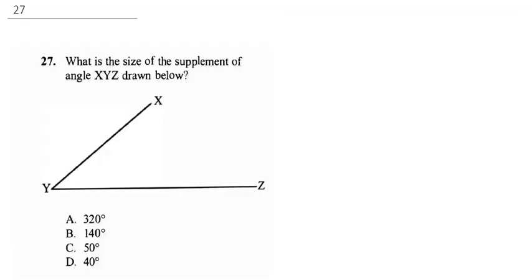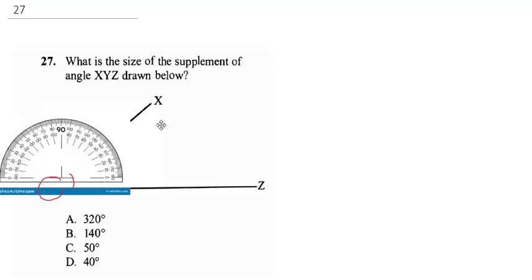Now the next question, 27, says what is the size of the supplement of angle XYZ? Now this is what we call the supplement of the angle. If we can measure this with our compass, then we can get the supplement of the angle. Using your compass on your paper, you measure this angle.